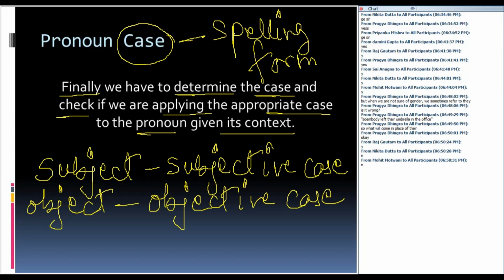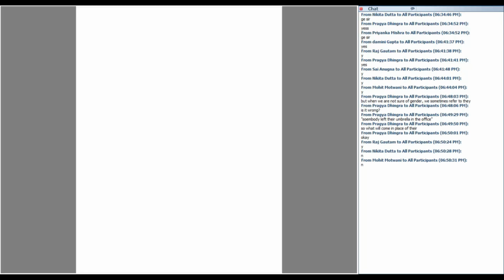Okay, is this clear? For example, let me just show you. This is simple to understand. "I don't like him." Now this is a pronoun, this is a pronoun. This I is used as the subject of the sentence. So this is called the subjective case.